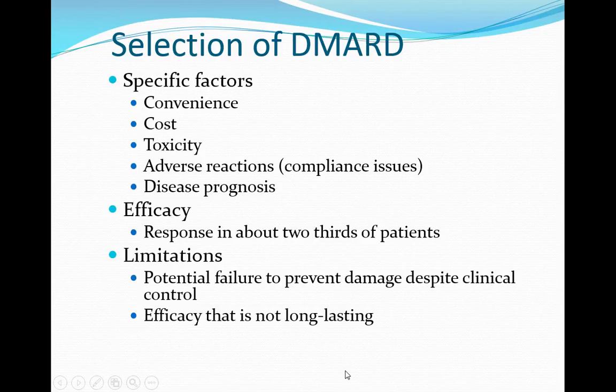So the patients really have to be compliant. And we will only have about a 50 to 60% response rate. So we don't always have a response, and there's going to be failures despite even patients being compliant. So we have to look at this and evaluate it constantly.